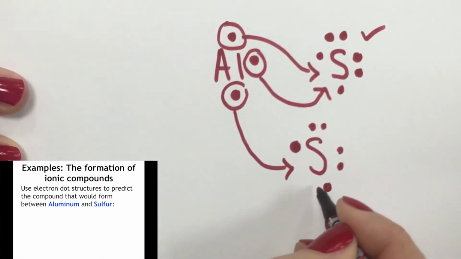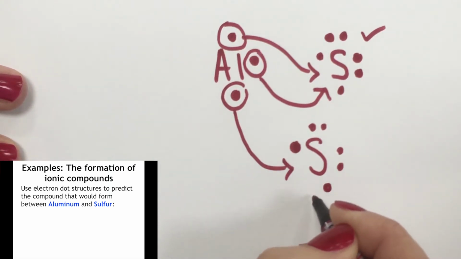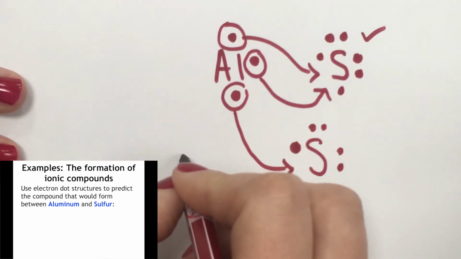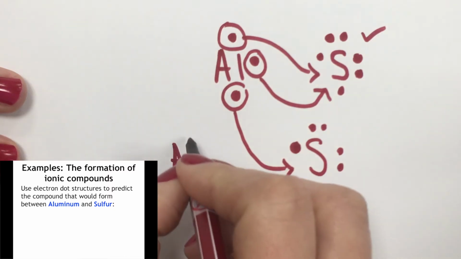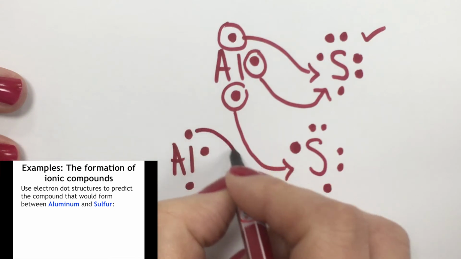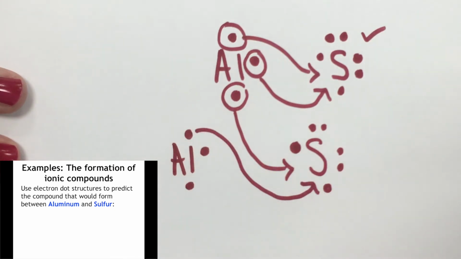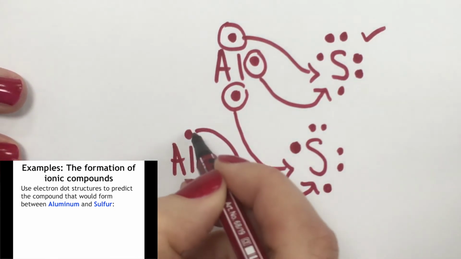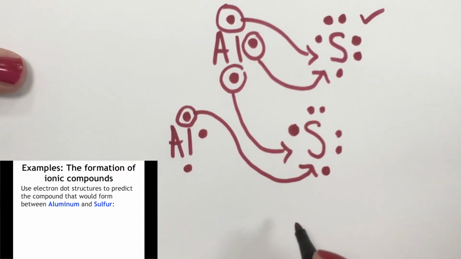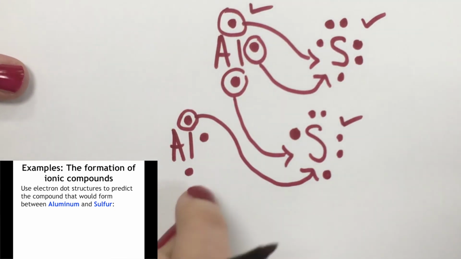But now we still have this vacancy here to fill, but we have 0 electrons left. So now we have to add another aluminum with 3 electrons. This electron will fill here. Now aluminum, annoyingly, still has 2 electrons we have to fill. So sulfur is happy now, and this one is happy, but we are not happy here.